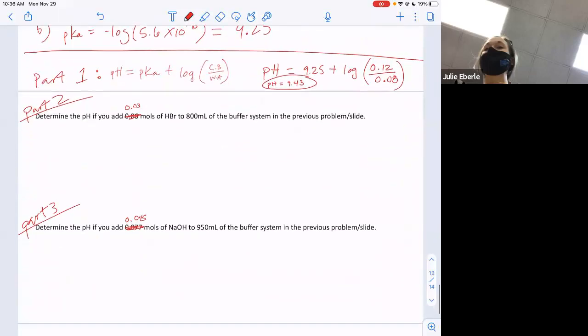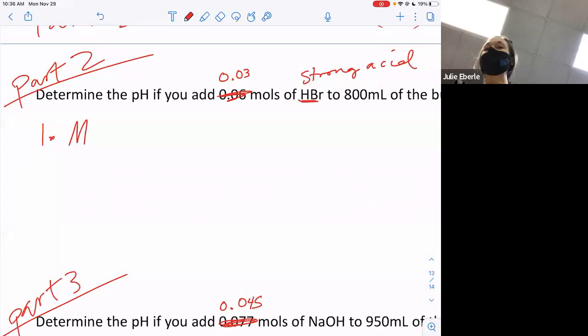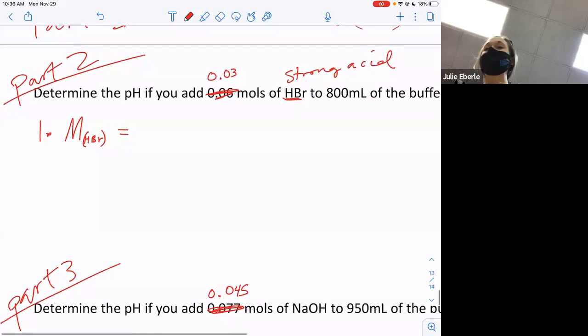All right, what do we need to do? Right, so HBr, is this an acid or a base? This is a strong acid. First thing we need to do, step 1, is find the molarity. So we want the molarity of HBr. And I do that by calculating what?